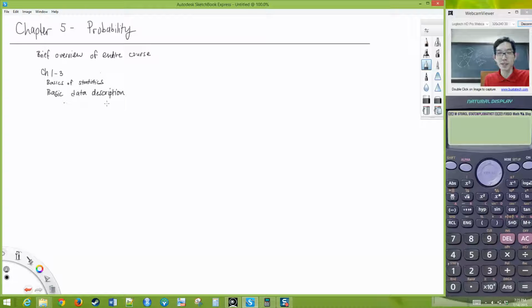Numerical and categorical. Okay, yeah, so data can be numeric or categorical. And how can we summarize our data? Okay, numeric summaries, right? So we have numeric data and categorical data. Okay, and we learned graphic displays. And we also learned numeric summaries.